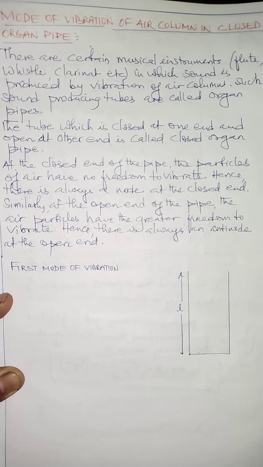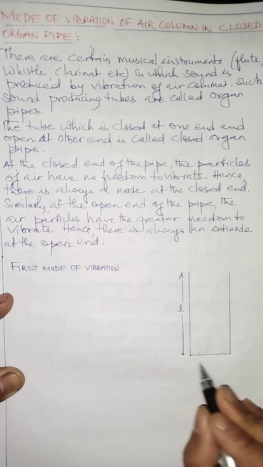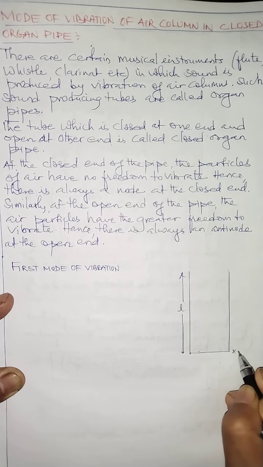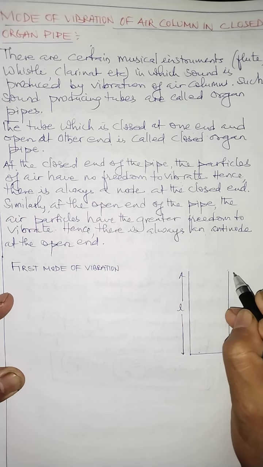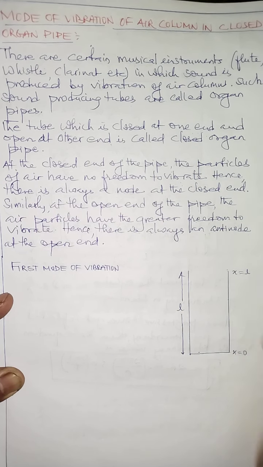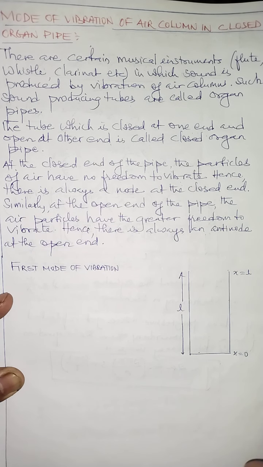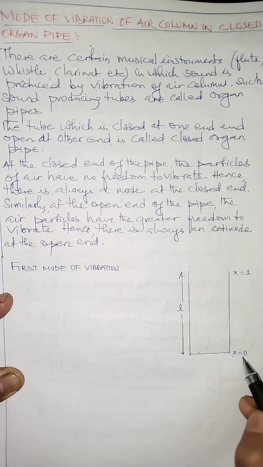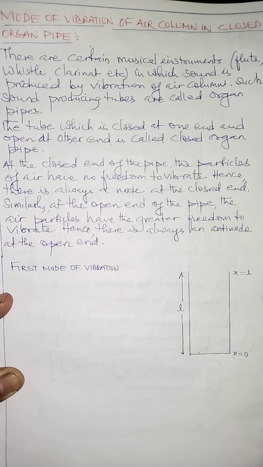I take the closed end of the organ pipe at x equals 0, and the open end at x equals L. So the total length is L, where x equals 0 is the closed end and x equals L is the open end.